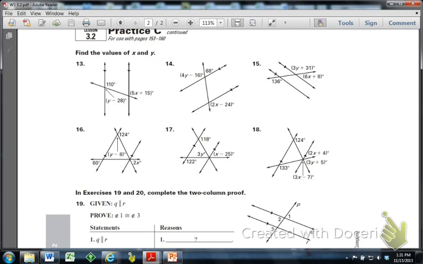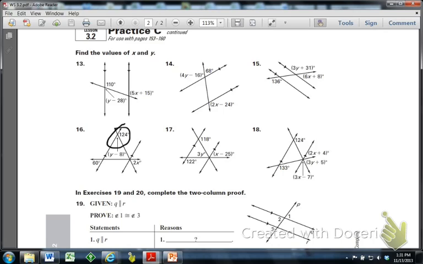Problems 13 through 18 are the same as the problem before. They're just maybe more complicated, and they're asking you to find both of those angles. If I'm looking at number 16, I'm not going to finish this one for you, but I would say 124 plus y minus 8, so these two angles add up to 180.